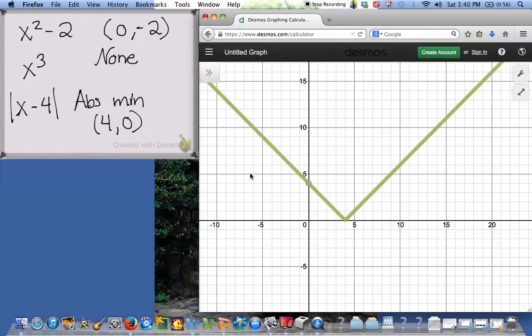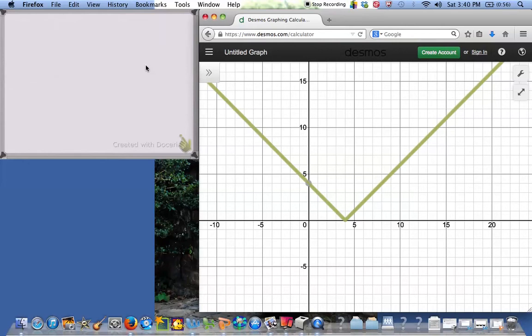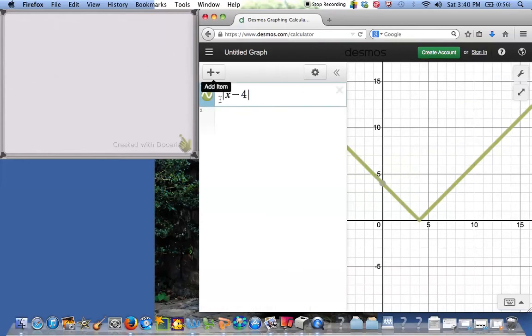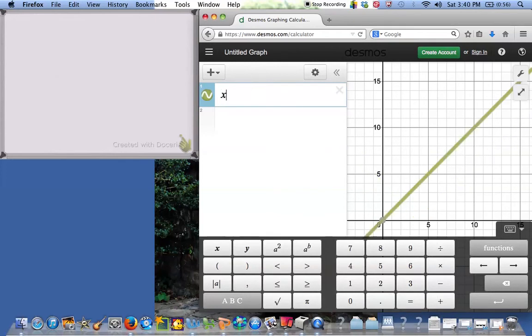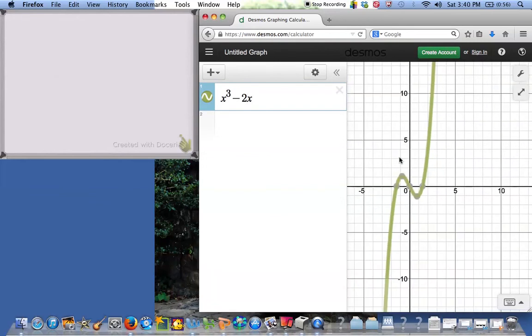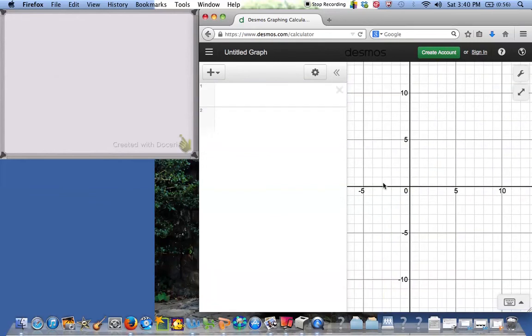Okay, let's take a look at two more curves. So we're going to look at next x to the third minus 2x. Okay, so this one looks a little different than the standard cubic function, which is great.